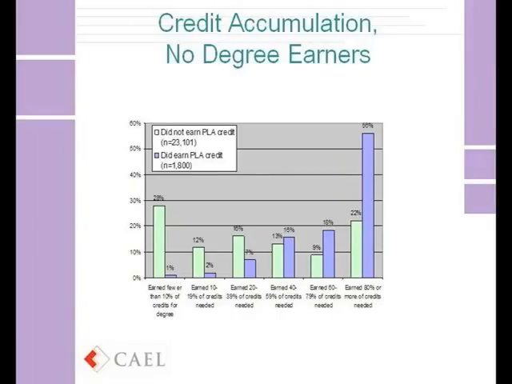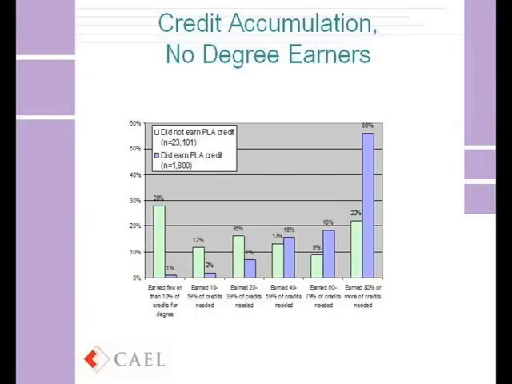And what we found out, which is very evident if you look at the bars on the far left and the far right, is that the purple are students who did earn PLA credit. Compared to those who were yellow-green who did not earn PLA credit, students who earned PLA credit have taken 80% or more of the credits needed for their degree at the institution.